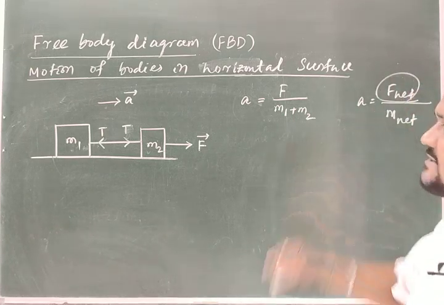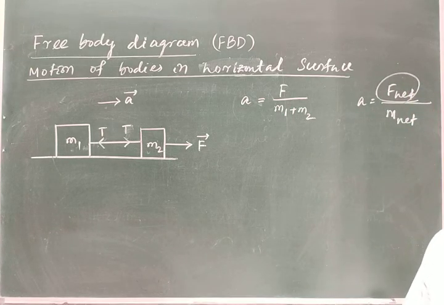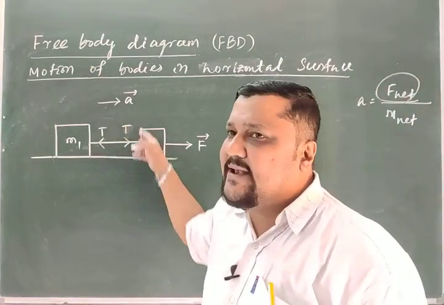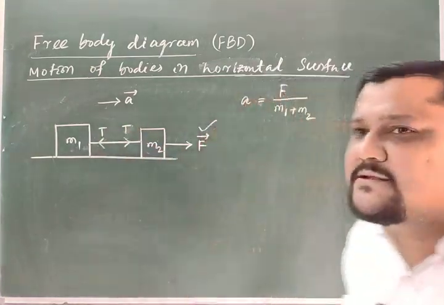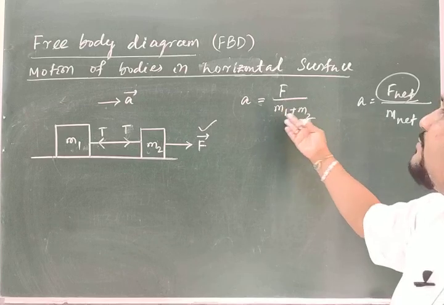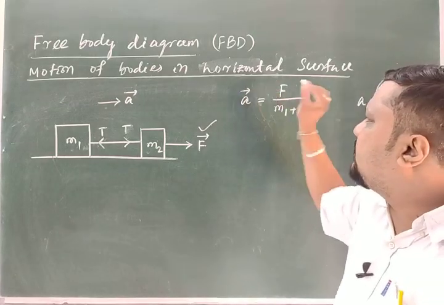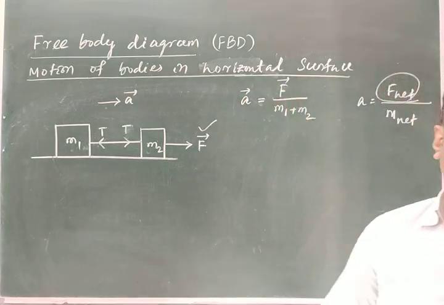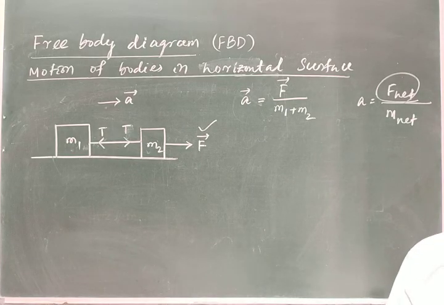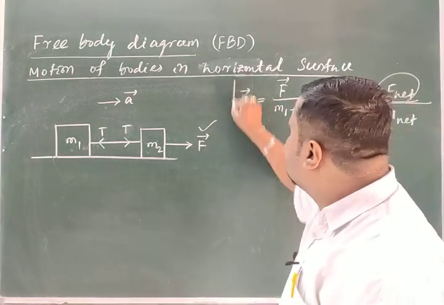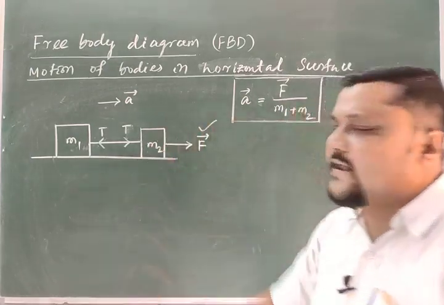And this net force must be the external force, no internal force. Here the tensions are internal, F is the external. So obviously, in vector form, all are in the same direction. So A is equal to F by m1 plus m2. Got it? So this is the expression for acceleration.